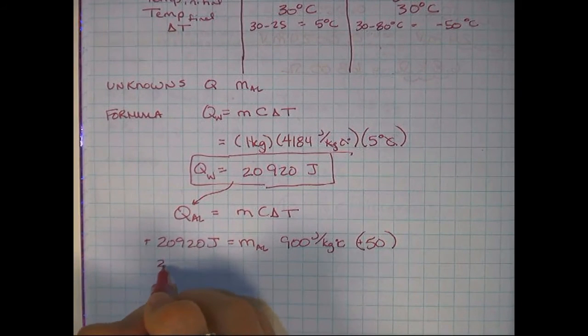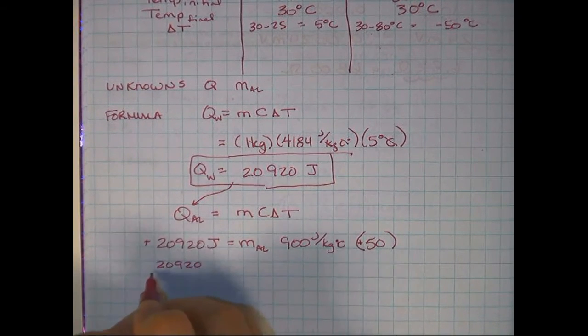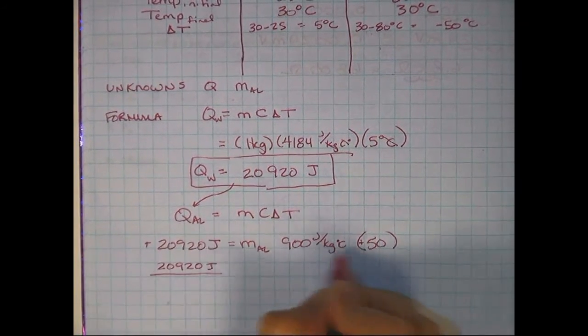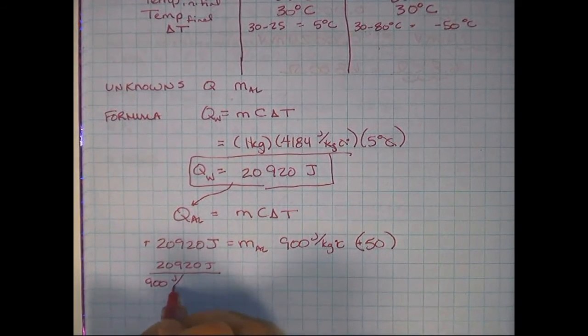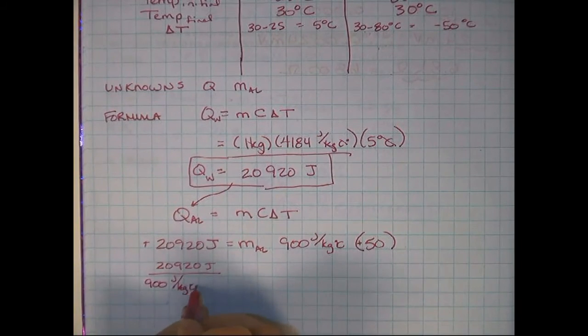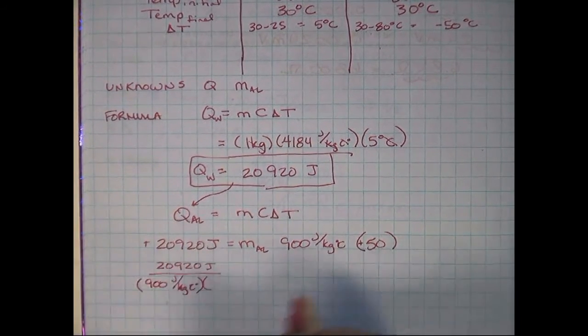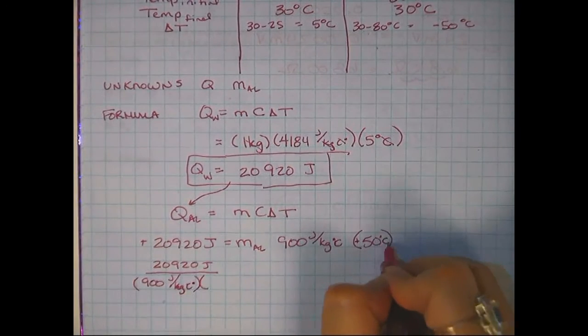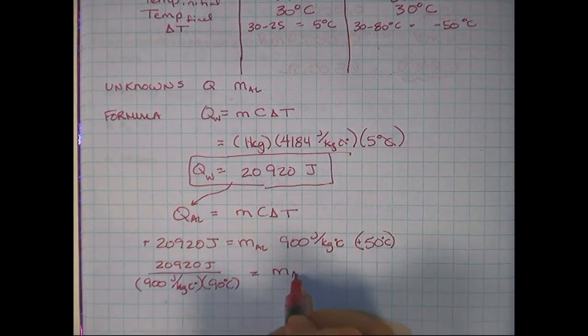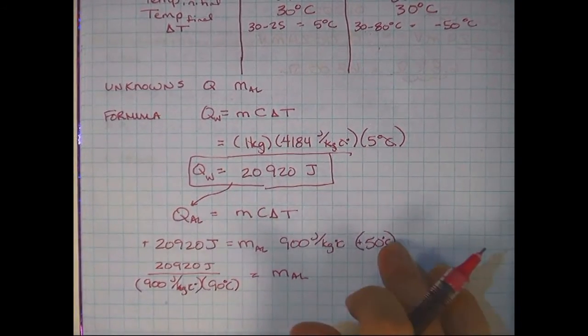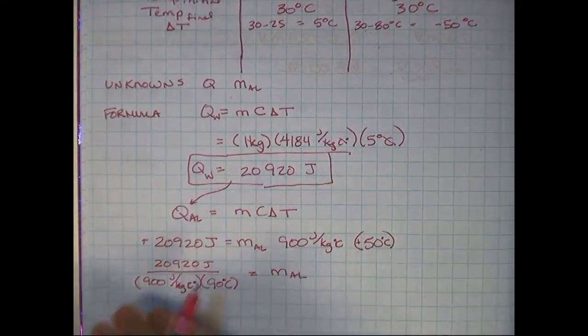So really this is what I'm doing in my calculator. And then divide both these to the other side. 900 joules per kilogram Celsius. And divide this to the other side. So we divided both sides by these, so it canceled on this side and it's over here.